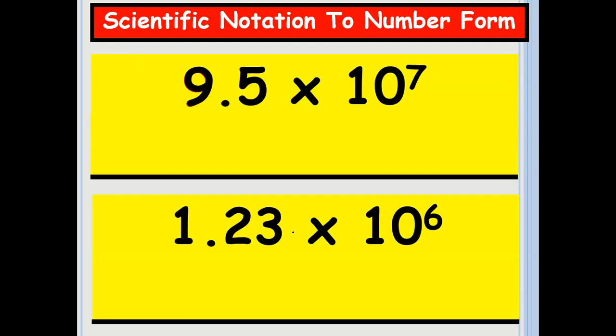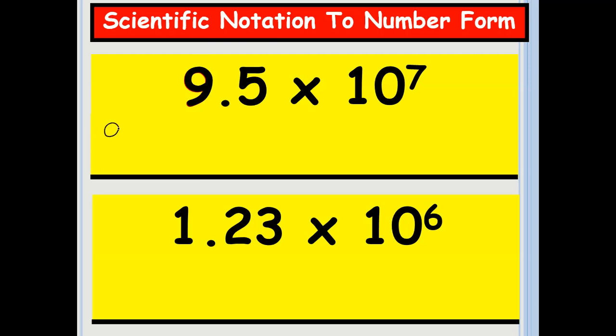What happens if we want to reverse it? So this time somebody has given me scientific notation and I want to change it to number form. Well, I know that this 9 is going to hold the highest place value when it's in normal form.